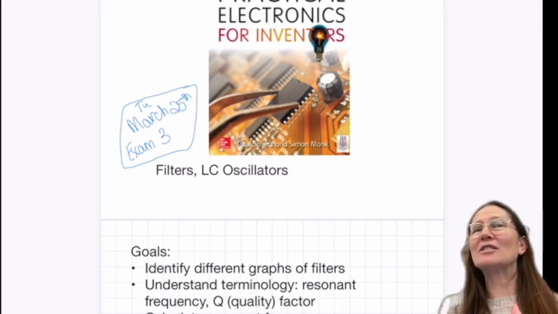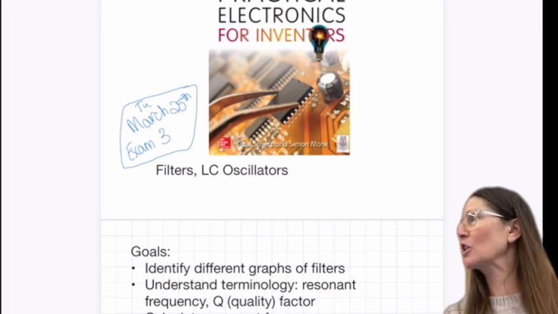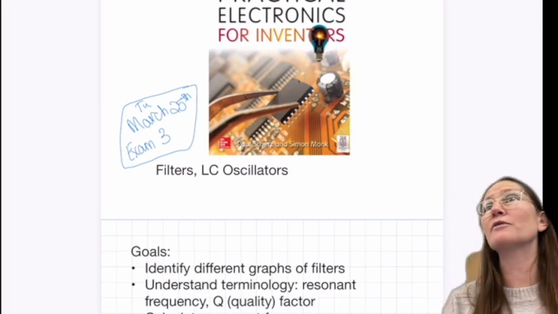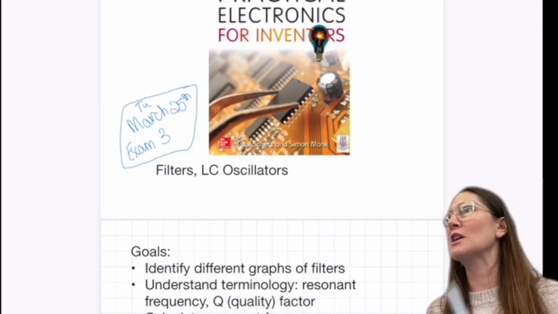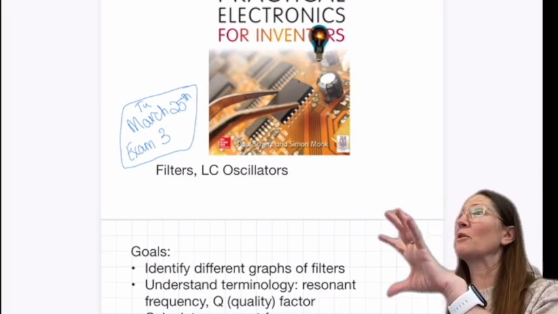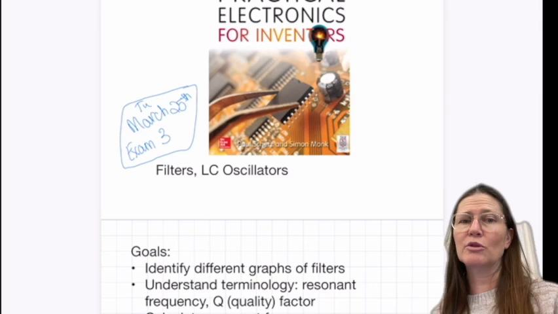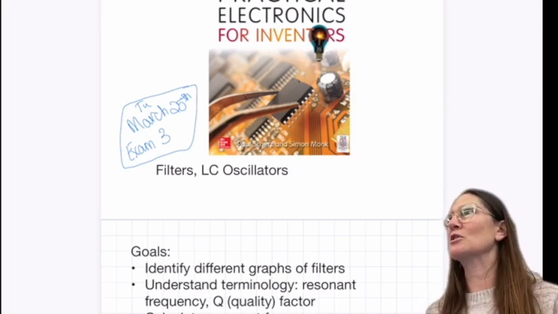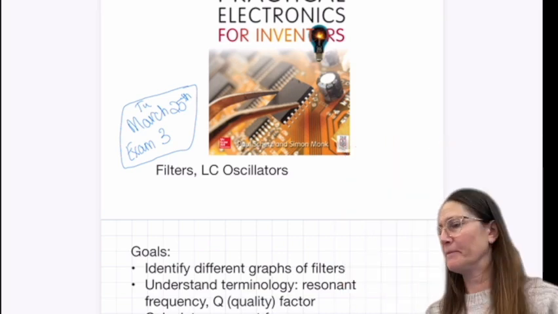Okay, so the next topic we're going to move to, as I mentioned before, is the different types of filters. We're going to go into a little more detail today about the filter graphs themselves, and then some characteristics about filters that are good to know. Then we're going to move to what's called an LC oscillator and talk about the LC oscillator itself.